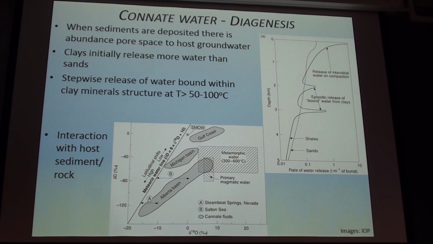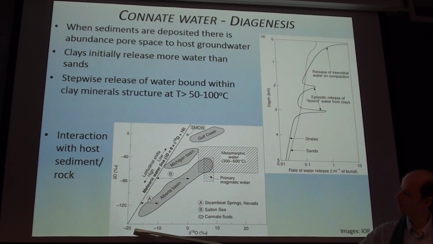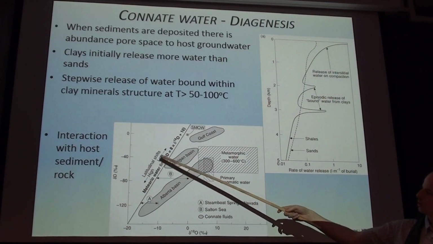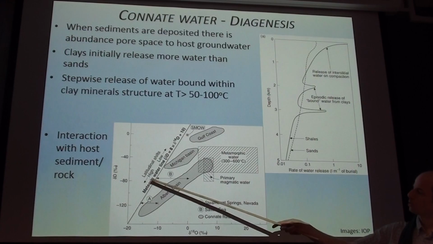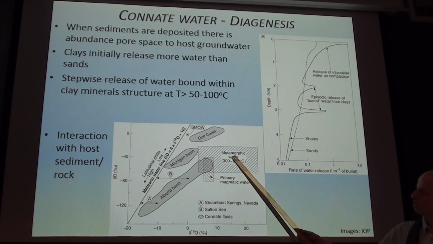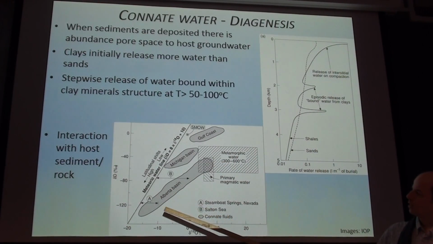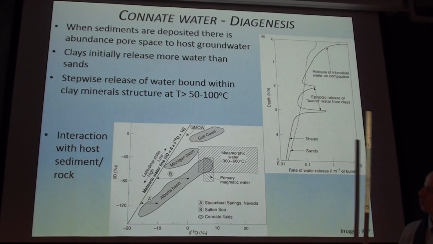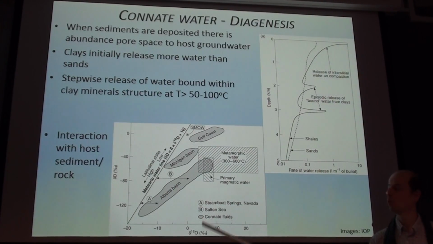Another thing, this is a plot of oxygen and hydrogen isotopes of waters, and this is the meteoric water line. Rain usually plots on this line. We've got metamorphic waters and primary magmatic waters in these fields. And in these basins in North America, we see that there is a range of composition in the basin water.